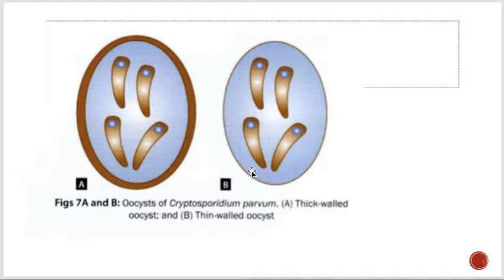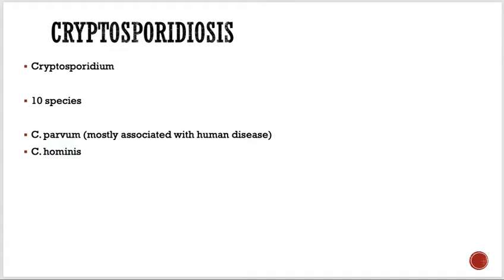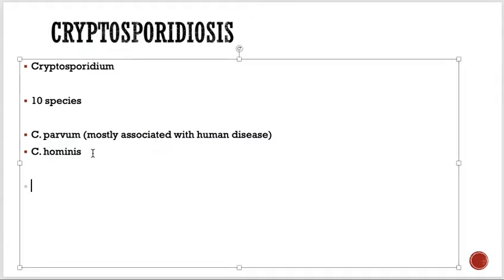Now, the important thing about this one is, why are we studying this, and what's the importance of this thing? This one has a wide geographic distribution, worldwide at present.